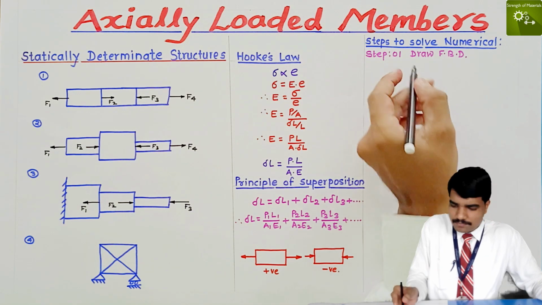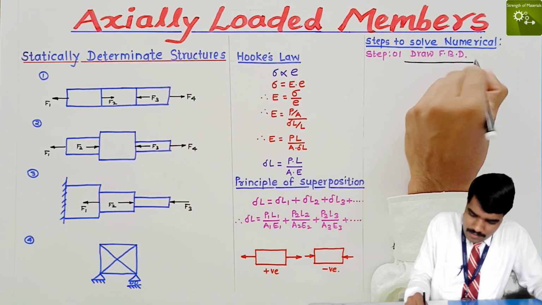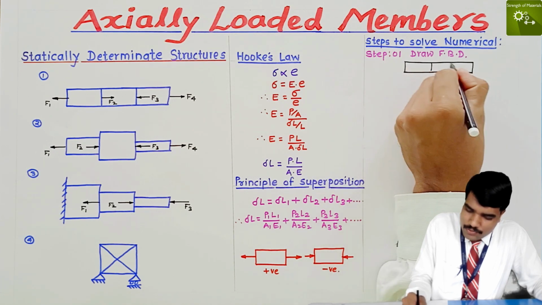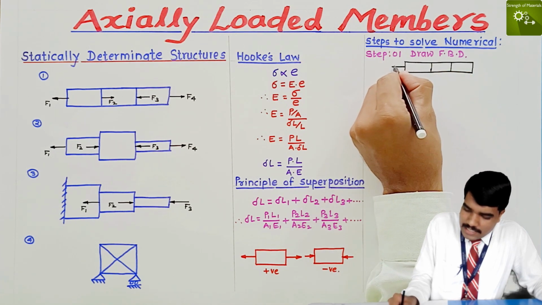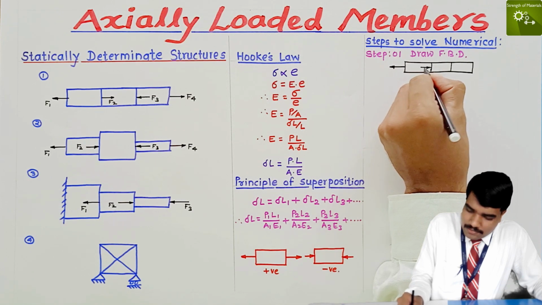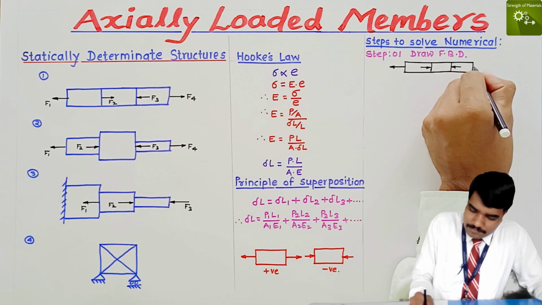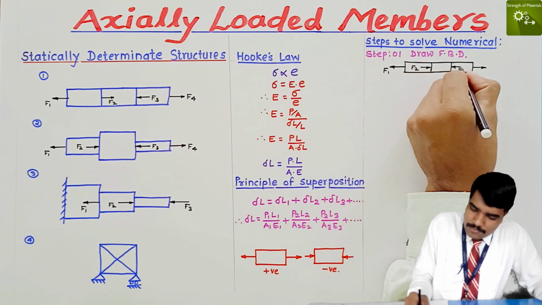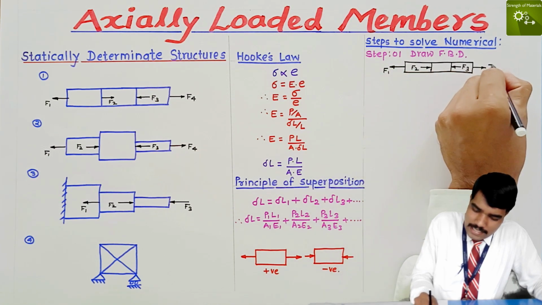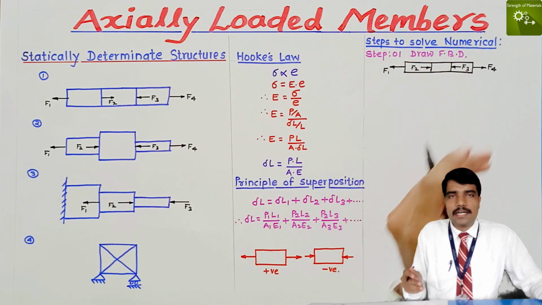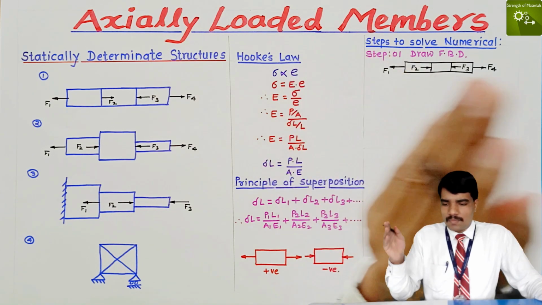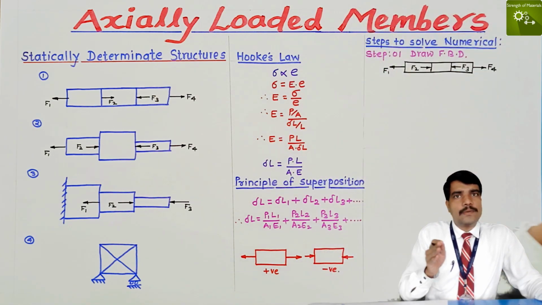Let's consider one statically determinate structure having uniform cross section, and there are different forces acting on that body. Suppose these are F1, F2, F3 and F4, having different lengths and different materials. First of all we apply the static equilibrium conditions.